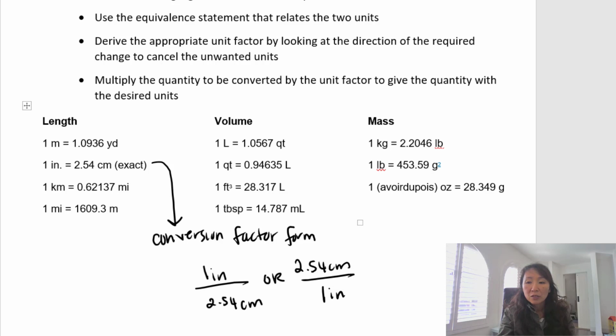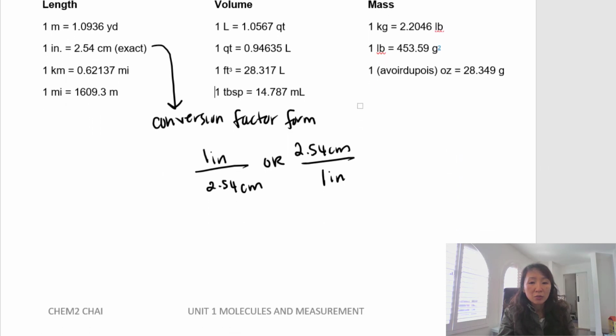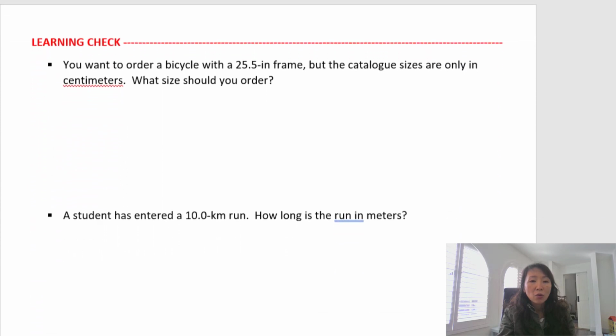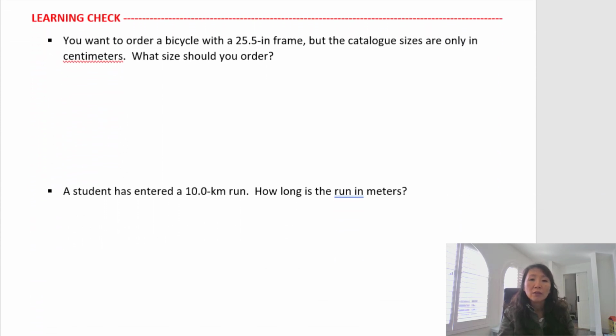For example, let's do a learning check related to this. Here it says you want to order a bicycle with a 25.5 inch frame, but the catalog sizes are only in centimeters. What size should you order? So what it's asking for really is you have a 25.5 inch frame bicycle and you want to convert this into centimeters.